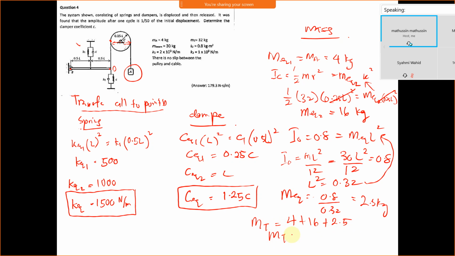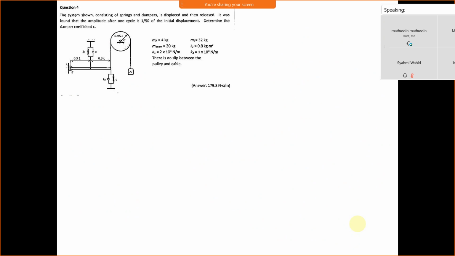Then M total equals to 22.5 kilogram. Okay, clear. Then from here we develop our equation based on degree of freedom.